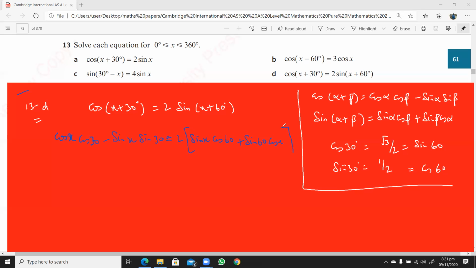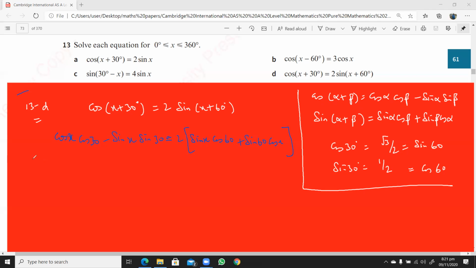So we have expanded cos(x + 30) and sin(x + 60) using the compound angle formulas here. Now we're going to put in the exact values of cos 30, sin 30, cos 60, and sin 60.